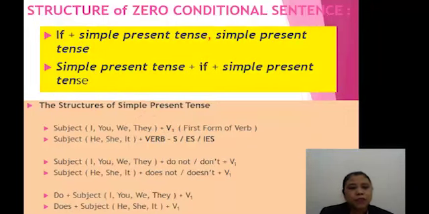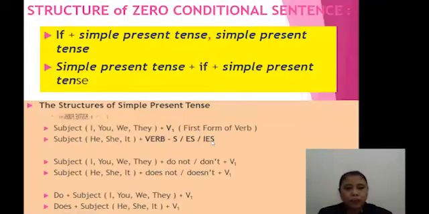Remember the structure of simple present tense: subject I, you, we, they, plus verb 1. If the subject is he, she, it, the verb must be plus s, es, or ies.